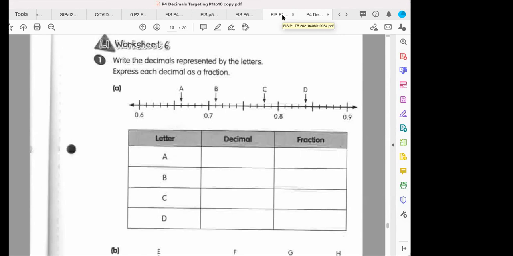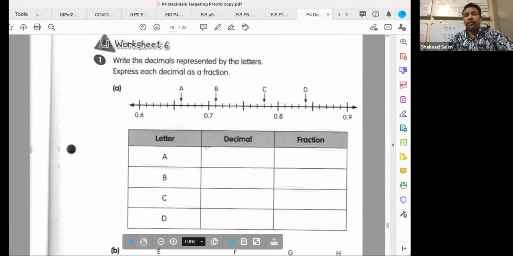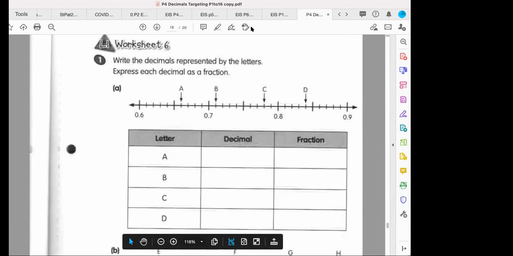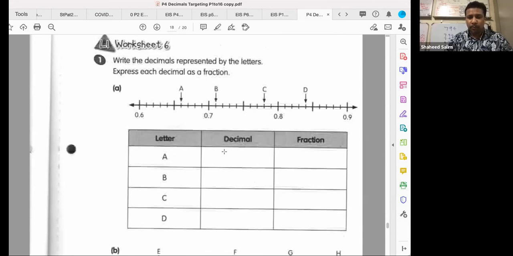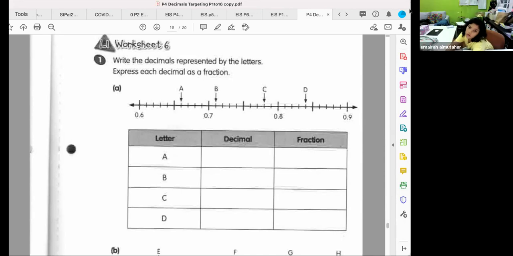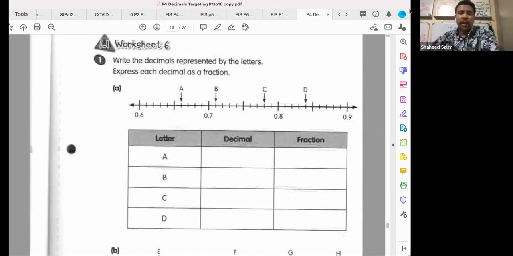Okay, what's the answer for A? You tell me. I'll write it down for you. Be careful. Let us see. We have a few answers now.